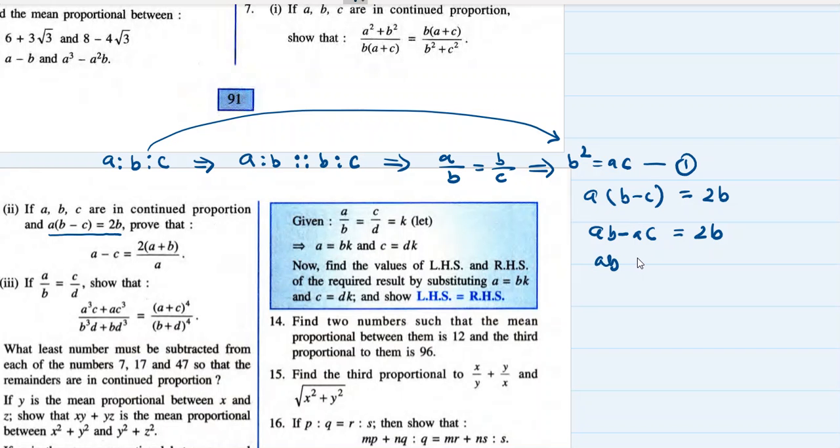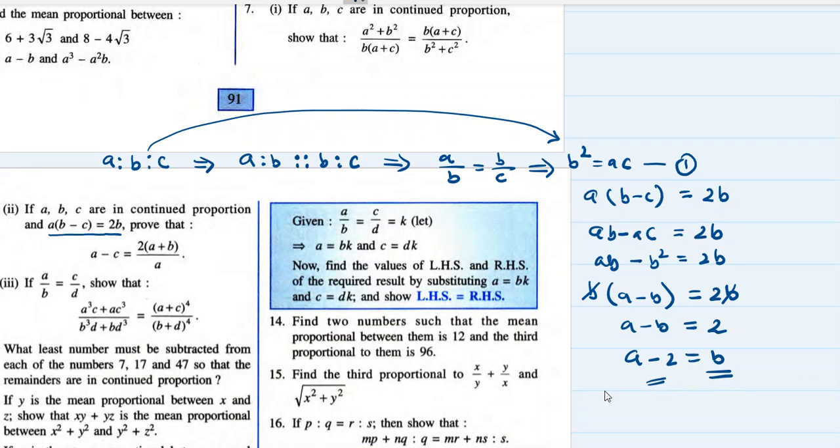So AB minus B square is equal to 2B. I can take out B common and I get A minus B is equal to 2B. And if I cut B from both the sides, I get A minus B is equal to 2. And I get A minus 2 is equal to B.